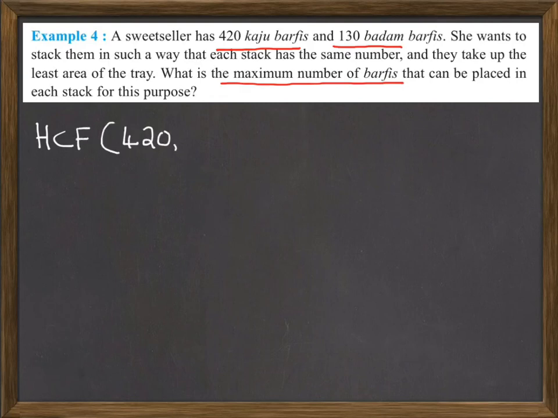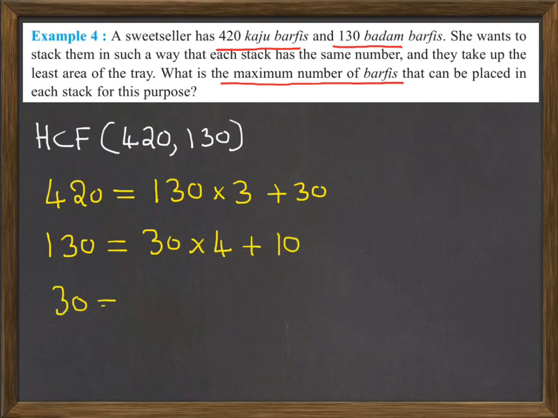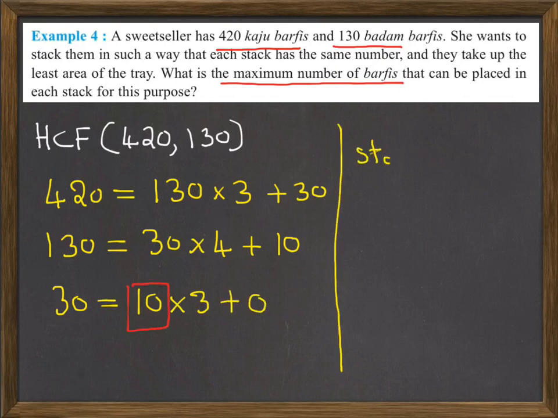So 420 divided by 130. That's going to be 130 times 3, leaving a remainder of 30. Continue the process. 130 divided by 30, 30 times 4, leaving a remainder of 10. Divide 30 by 10, 10 times 3, and the remainder is 0. So the HCF is 10. She needs to prepare stacks of 10 barfis.